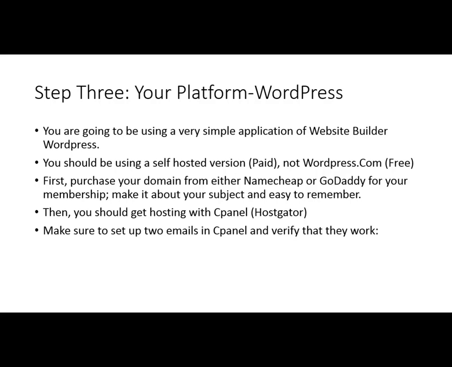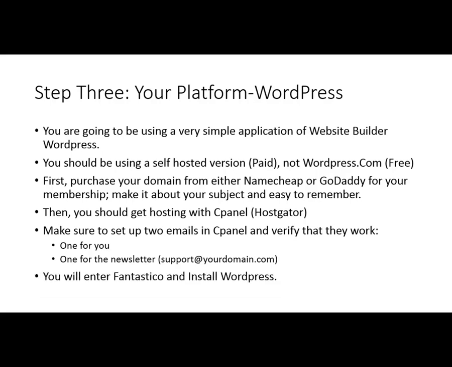Now, when you set up cPanel, you're going to set up 2 emails. You're going to set up one for yourself and then one for the newsletter. It's going to be called support@yourdomain.com. I'm going to show you how to do all this in a minute, so don't worry about that. And then you're just going to enter Fantastico and install WordPress. So let's take a look and go through these steps.